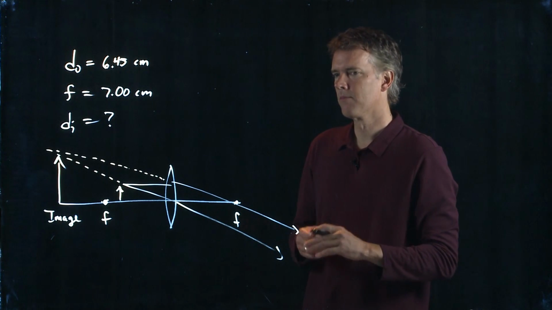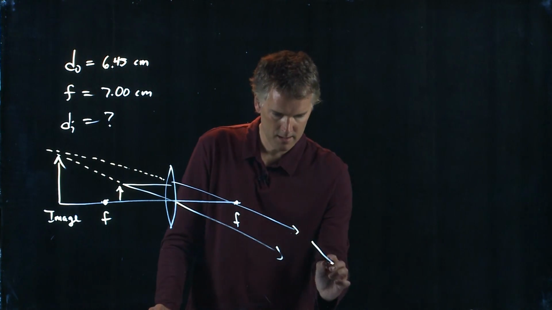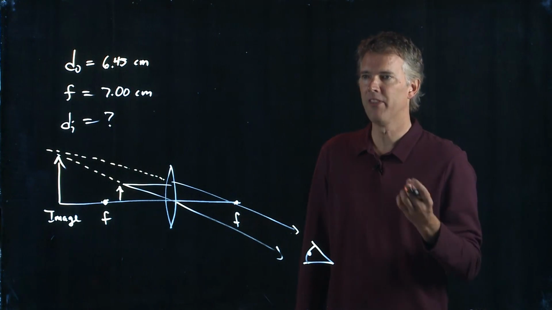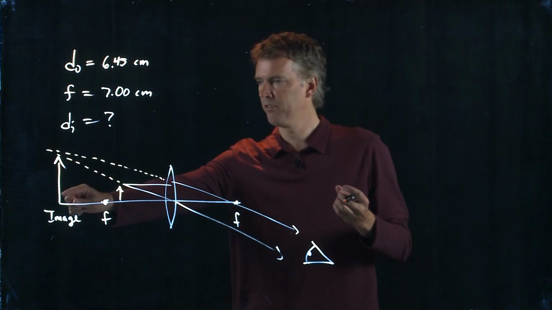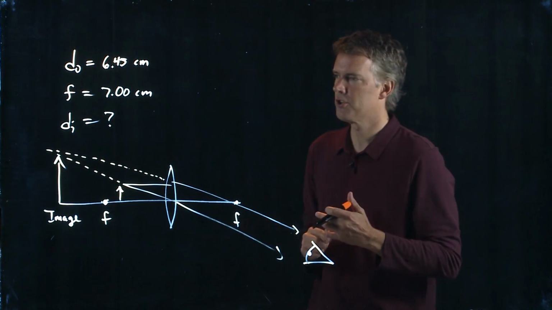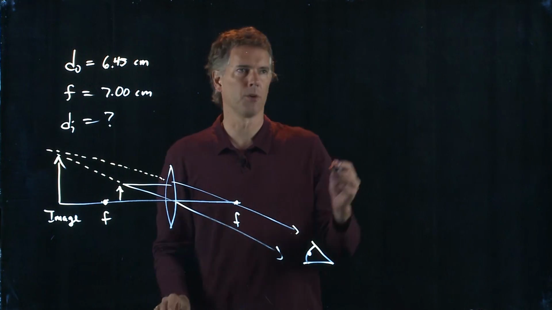Okay. What does this mean? It means if I stood here and looked at this thing, where would I perceive the image to be? I would perceive it to be right there. Now, let's make sure that this jives with the thin lens equation.